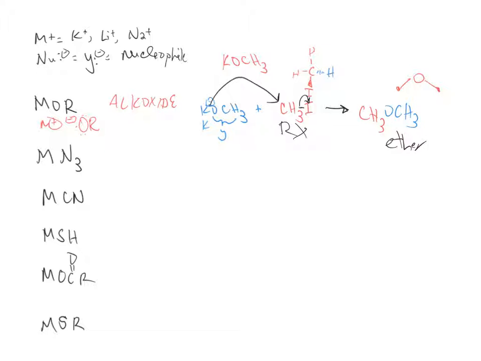This N3 is called azide. So this is a metal azide. So you could have lithium azide or sodium or potassium. It doesn't really matter. This is an azide. So I'm just going to do a reaction here.